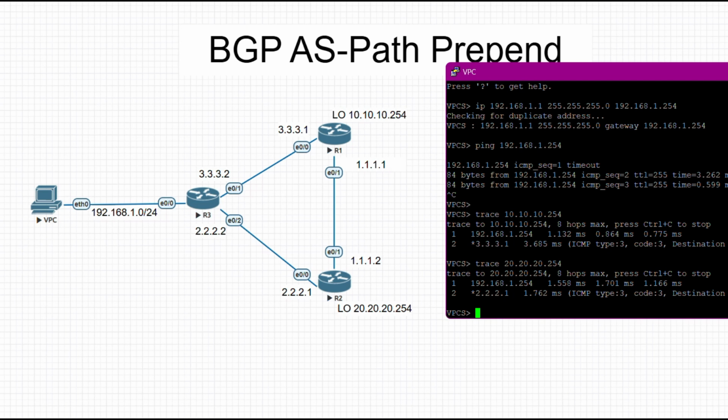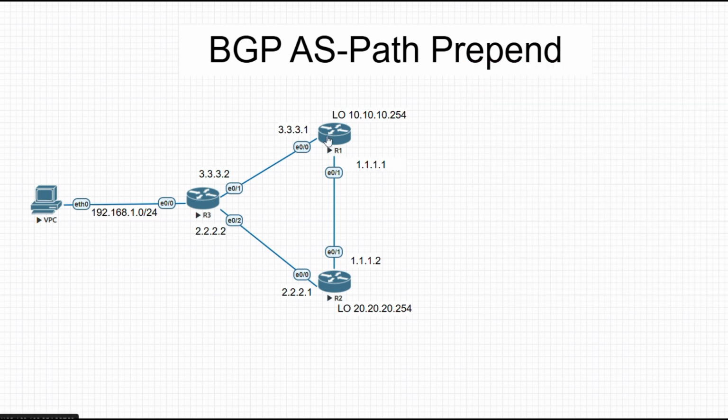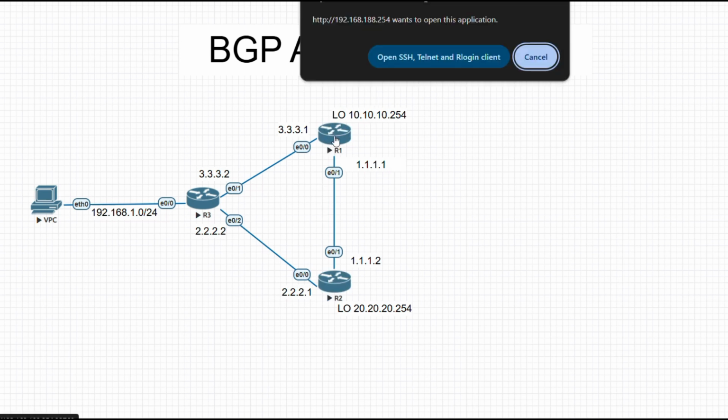So to influence the route, we need to configure R1 since we want to set 2.2.2.1 as our best path for our incoming traffic.